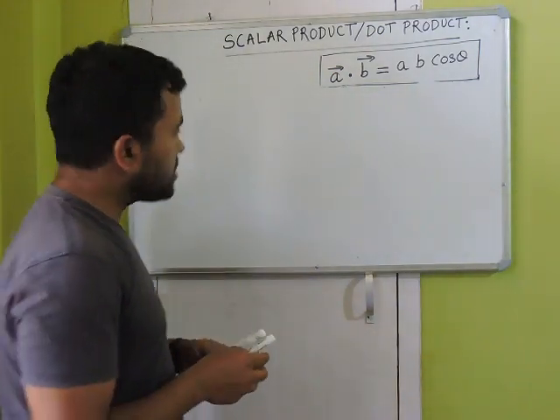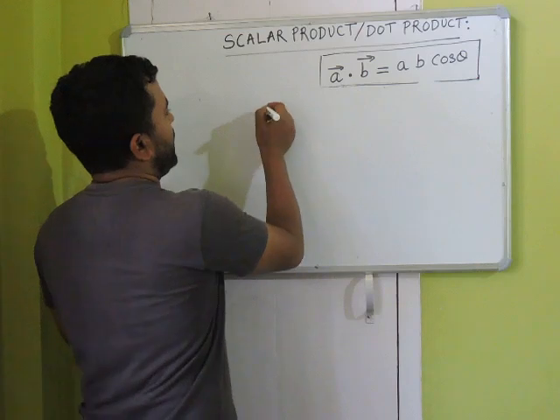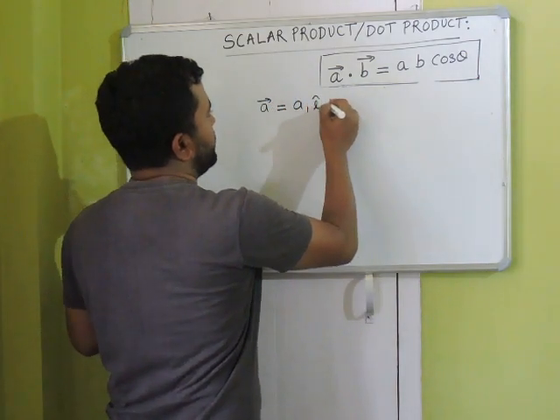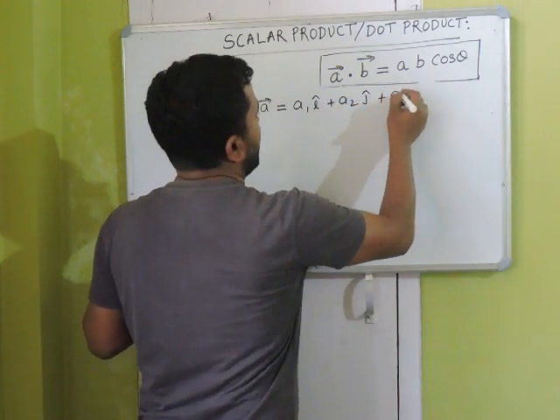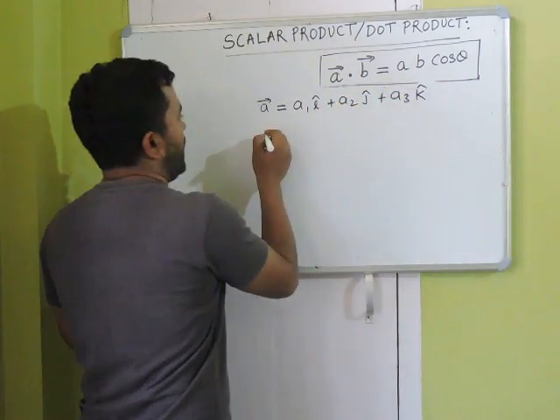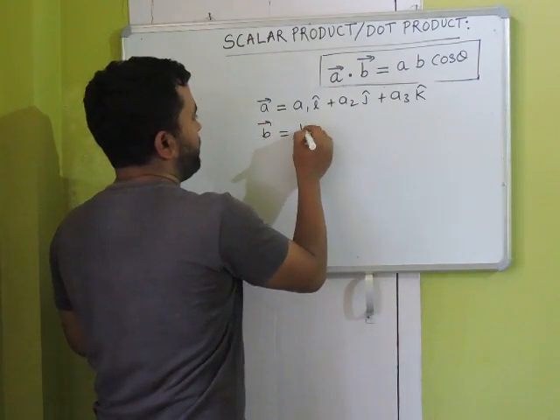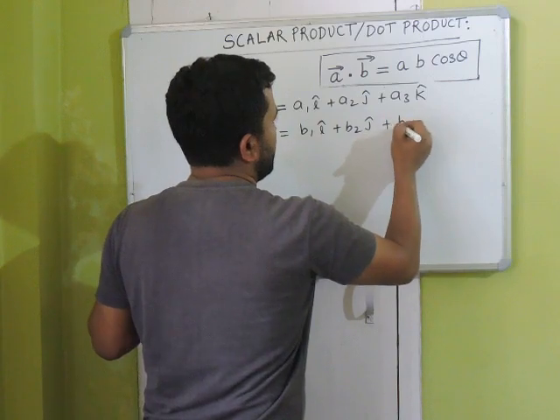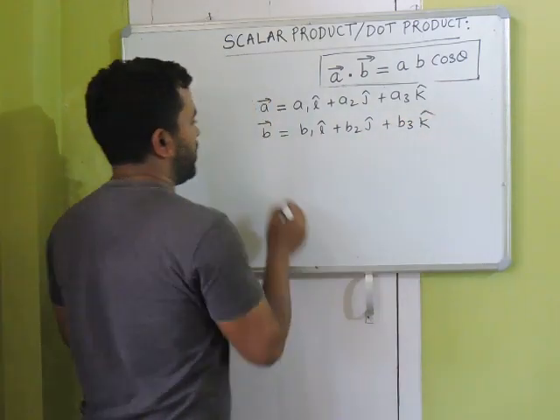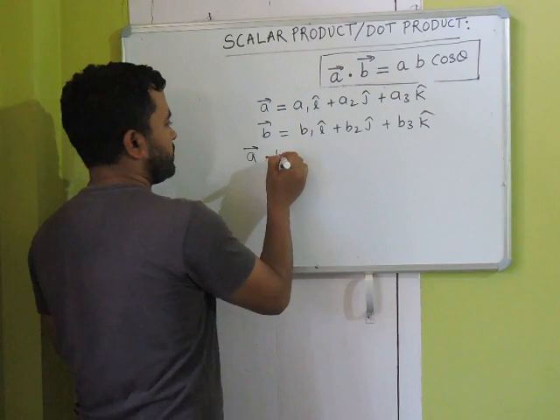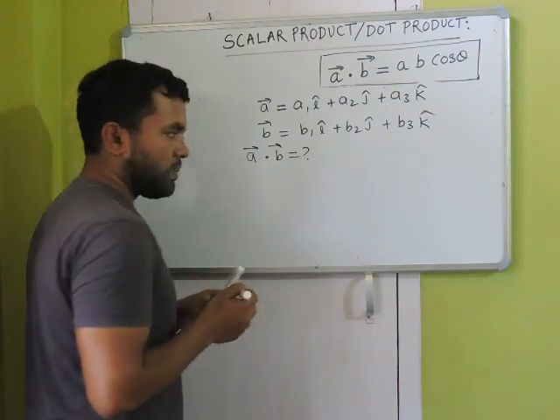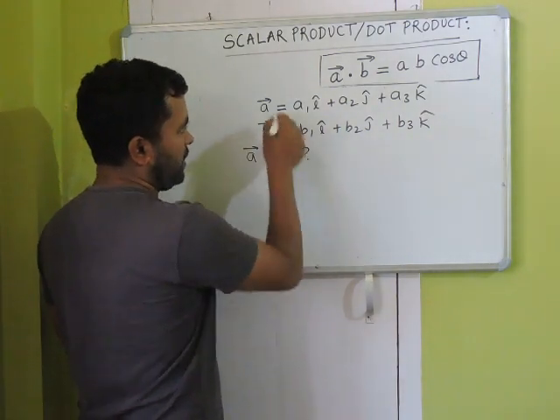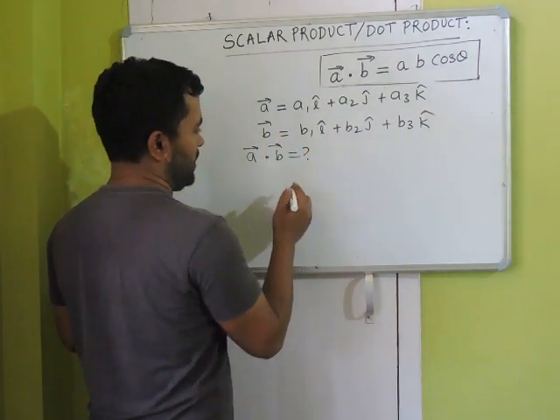Fine. Now let us discuss some examples. Now suppose I have a vector, let us say A1 i cap, A2 j cap, A3 k cap, and I have a vector B, B1 i cap, B2 j cap plus B3 k cap. What will be the value of A dot B? Now what you will do to find A dot B, you will write them together.